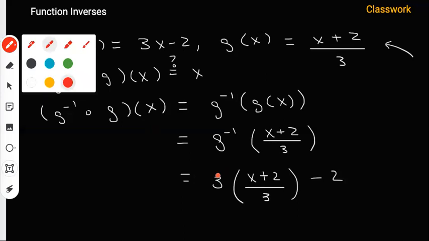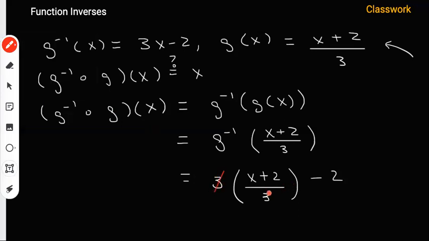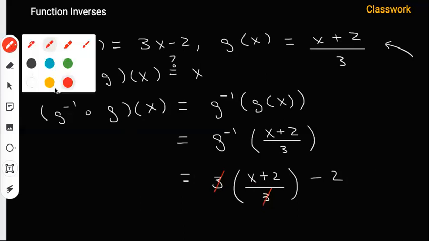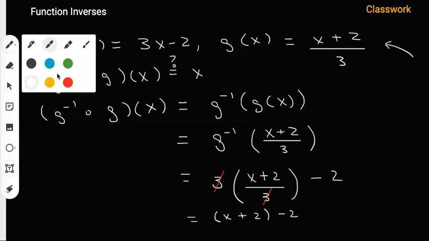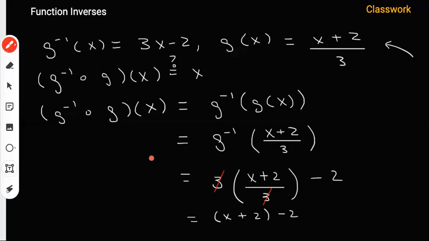So what happens there is I have a 3 on top and a 3 on the bottom. They will cancel out. So then I'm going to be left with the x + 2 in parentheses still, minus 2. And now you can see that the positive 2 and the negative 2 are going to cancel out as well.